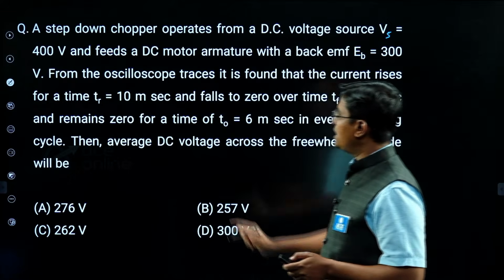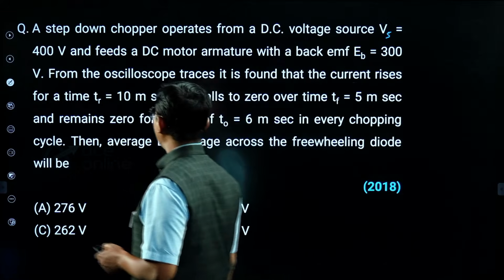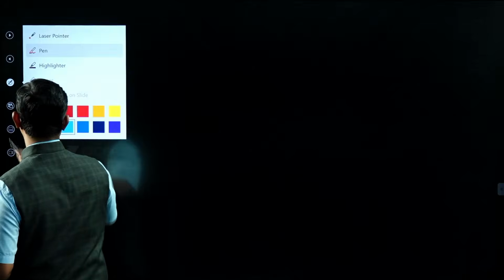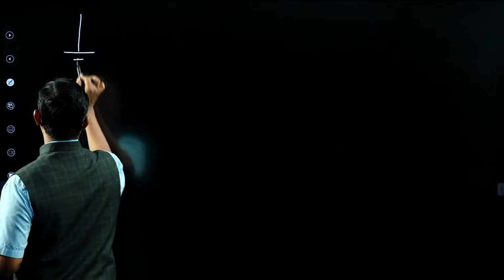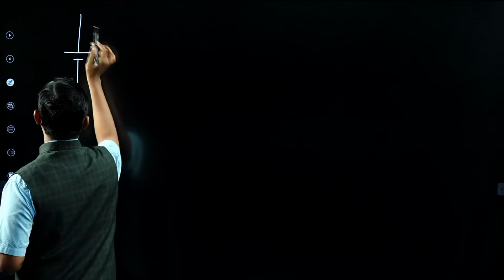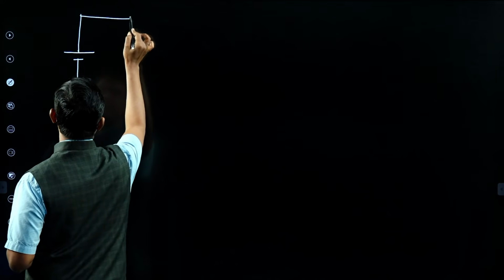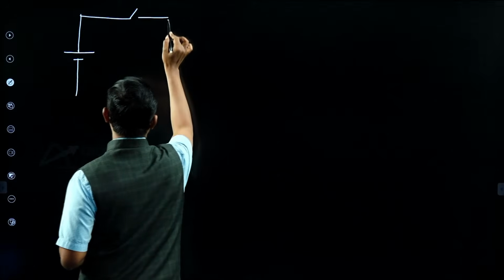Here they are talking about the step down chopper, and the load is a DC motor. How are we modeling the DC motor? RLE load, right? Step down chopper.